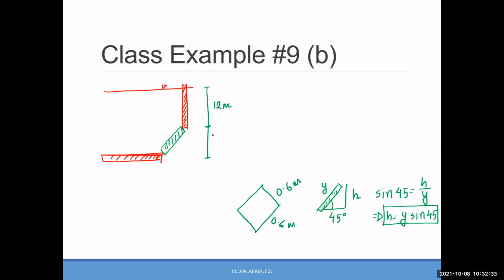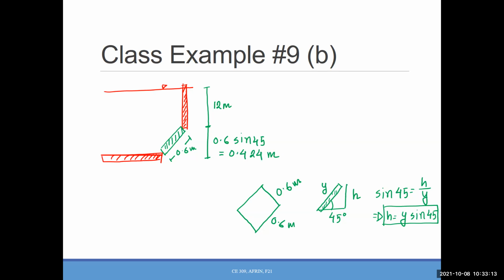That means if this one is 0.6 meter, what will be that? 0.6 times sine 45, right? What is that number? Say it loudly, 0.42 meter, right? Okay, we know that part.